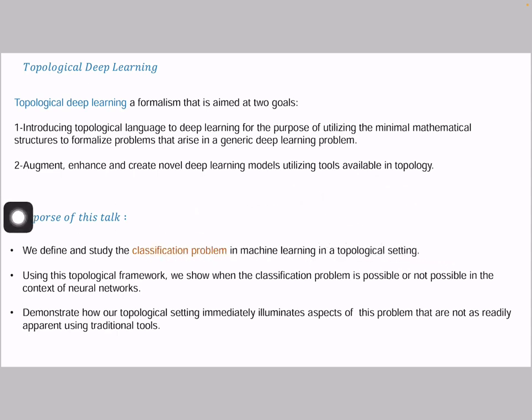And using this topological framework, I'm going to then show you when the classification problem is possible and when it is not possible. Then I'm going to show you the usefulness of putting things in this topological perspective. I'm going to show you how very easily we can improve things that are not readily available using maybe statistical tools.